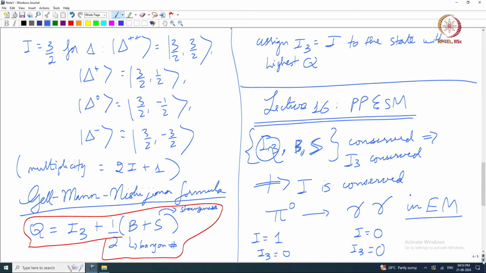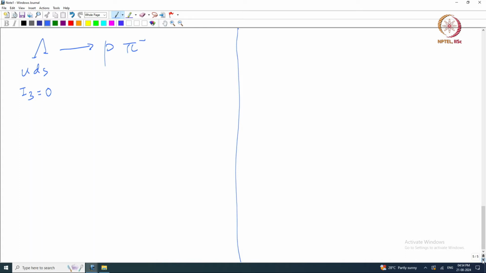So obviously the third component of isospin is also 0. But what is the I3 on the right hand side? What is the I3 of the proton? It is a half. And what is the I3 of a pi minus? That is -1. This is in a doublet and that is in a triplet. So the total I3 is -1/2, and it looks like I3 is not conserved.